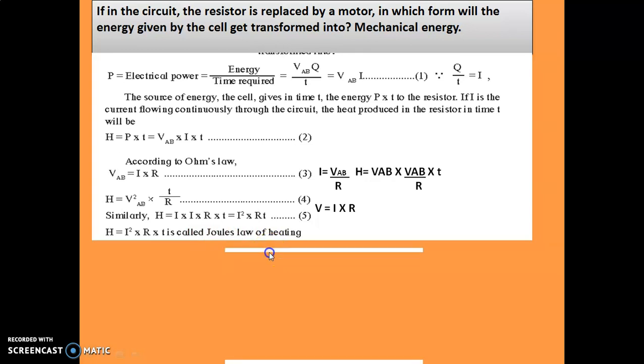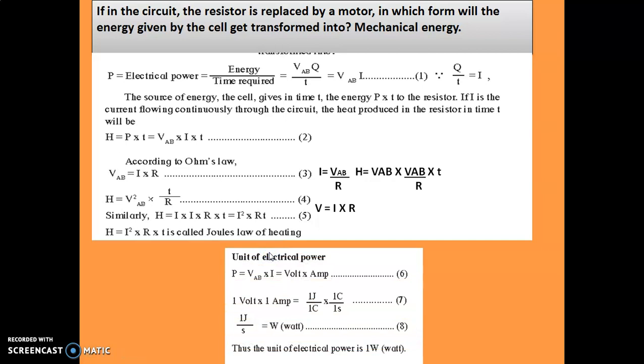Then going to the unit of electrical power. P is equal to V_AB into I, that is volt into ampere. 1 volt multiplied by 1 ampere is equal to 1 J, joule, into 1 C, that is coulomb. These are the symbols or units.